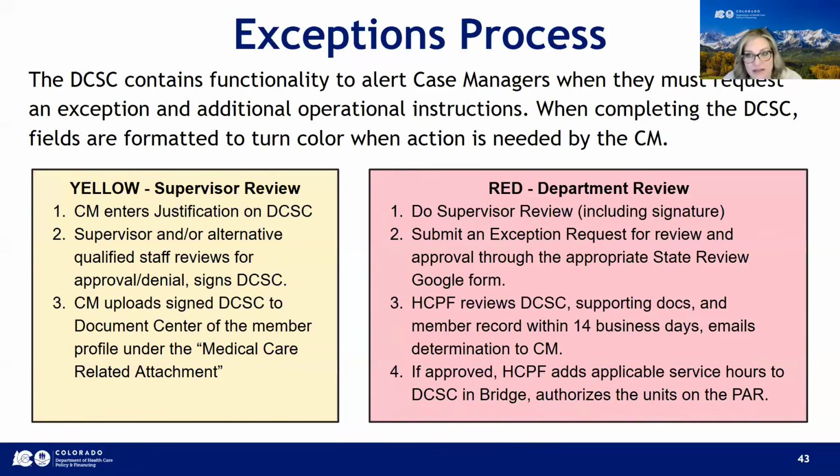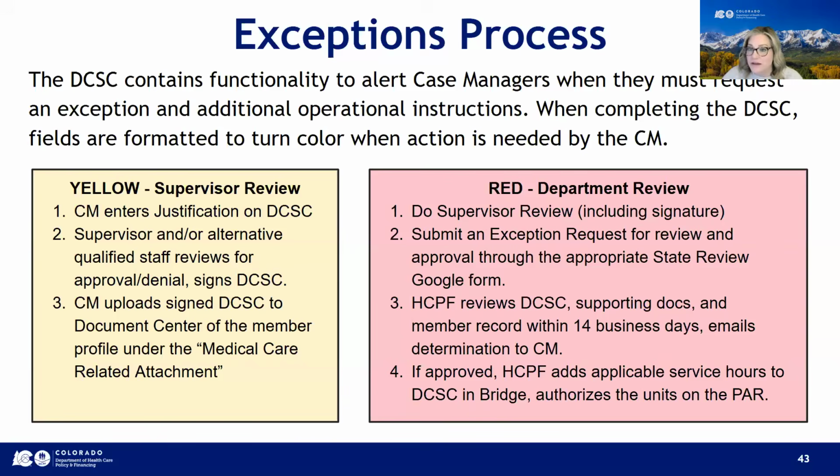So with the exceptions process, the direct care service calculator contains functionality to alert you as the case manager when you have to request an exception, and it also includes additional operational instructions. So please read through those instructions when you're filling out your direct care service calculator. When completing the direct care service calculator, the fields are formatted to turn yellow or red when action is needed.